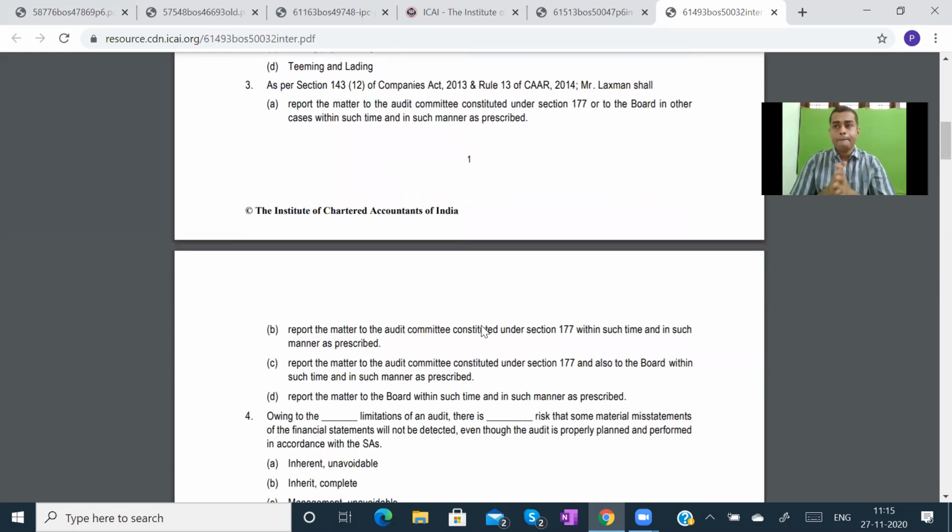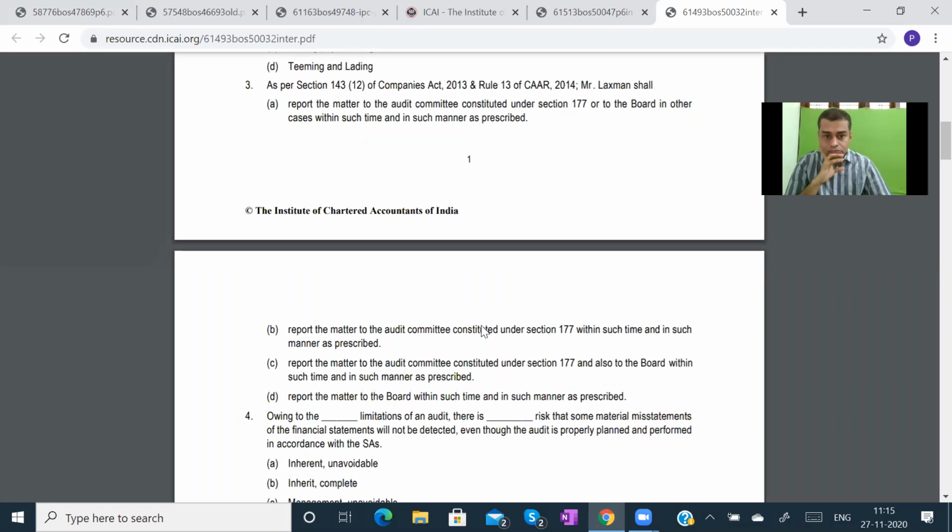Yes, sir. As per section 143(12) of the Companies Act 2013 and Rule 13 of CAR 2014, Mr. Lakshman shall, option A, report the matter to the audit committee constituted under section 177 or to the board in other cases within such time and in such manner as prescribed.